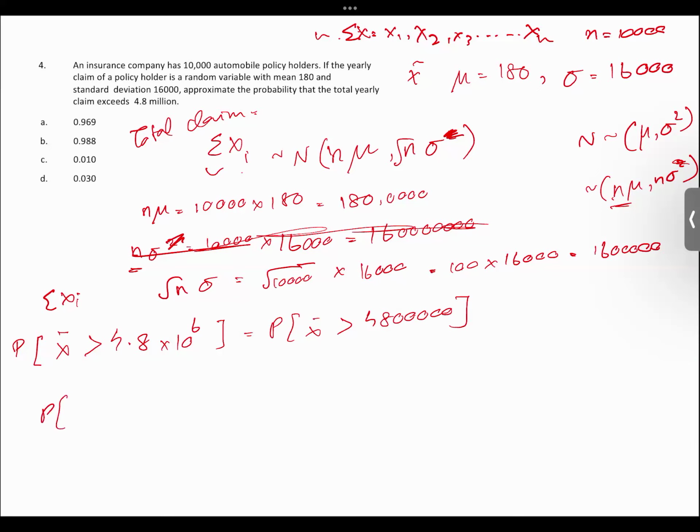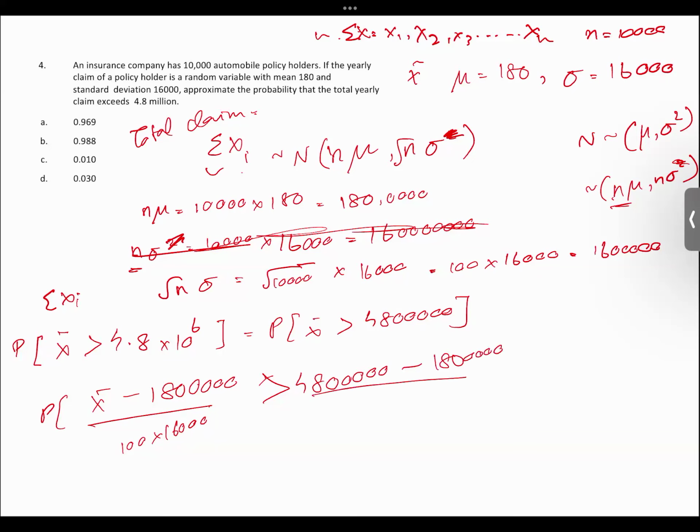P of (X minus n mu) divided by 100 into 16,000, where n mu is 180 with 4 zeros, has to be greater than 4.8 million minus n mu, divided by the same.